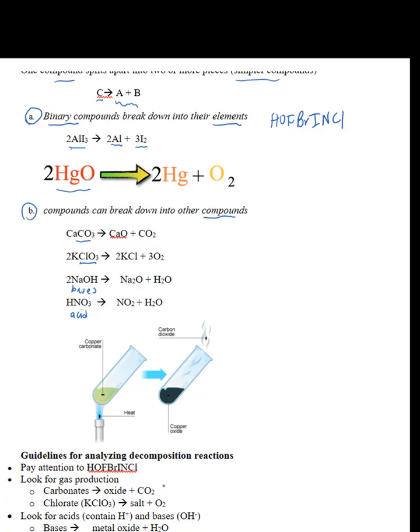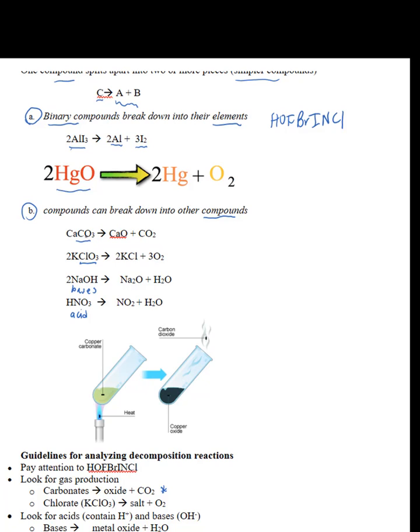So if we go through them one by one, a carbonate will give you an oxide plus CO2 when it decomposes. So this is an example here. We've got copper carbonate and it's being heated up. And what happens is we leave behind an oxide, so in this case copper oxide, and then the CO2 leaves.